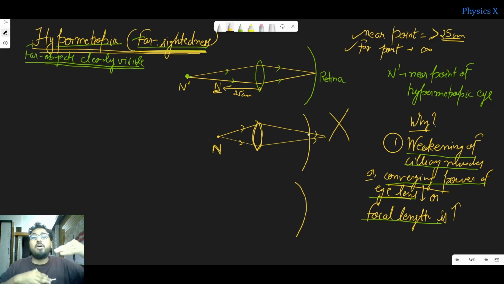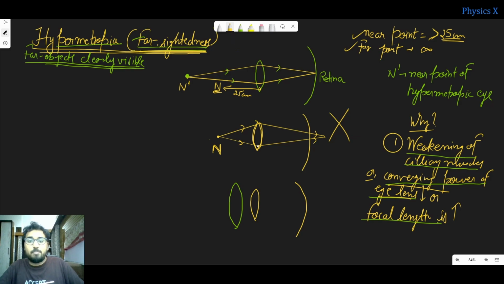And what can be done to converge these rays more is to place a convex lens, or a converging lens, in front of the eye lens. So how do you do this? Suppose this was your lens, right? And now you put another convex lens here, right?